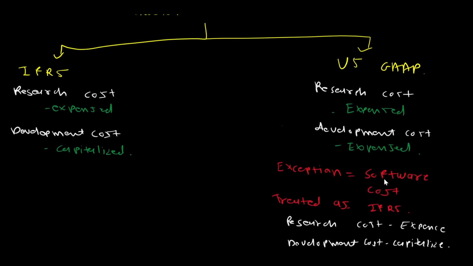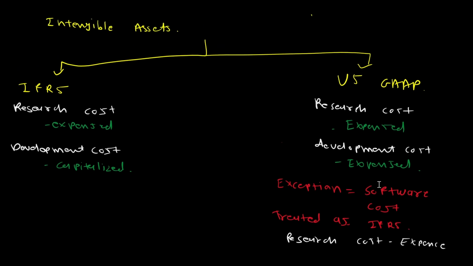Particular software costs are treated differently from IFRS, in that in US GAAP you could capitalize development cost of the software and the research cost is expensed.